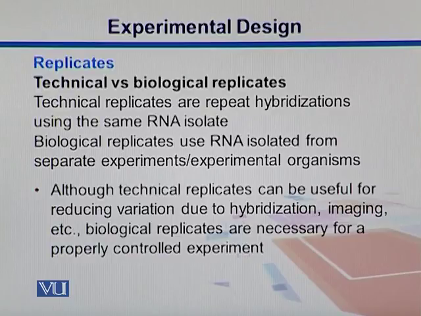Technical replicates can be useful for reducing variation due to hybridization or imaging, so we can reduce the variability in our experimental procedures, but biological replicates are necessary for a properly controlled experiment.